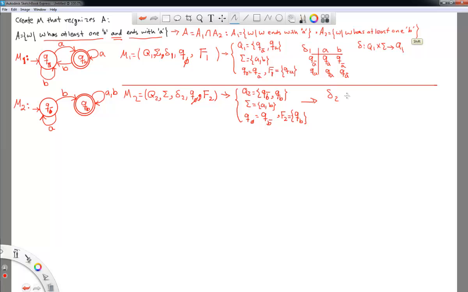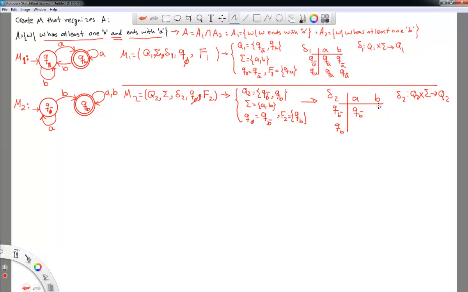So delta sub 2 is going to be, again, like delta sub 1, from Q sub 2 cross product of sigma over into Q sub 2. So I'm going to have Q of B bar. I haven't seen any B's, and I have seen a B, A and B. So I stay in Q B bar.